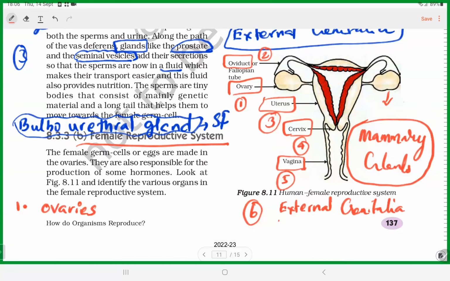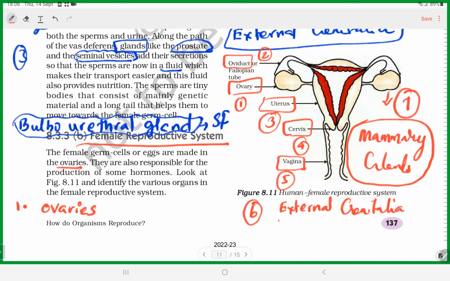You can say 7 components in the female reproductive system: ovaries, oviduct, uterus, cervix, vagina, external genitalia, mammary glands. Very good. Now, one by one, what is the function of the ovary?